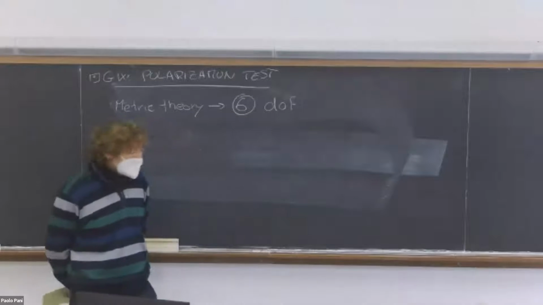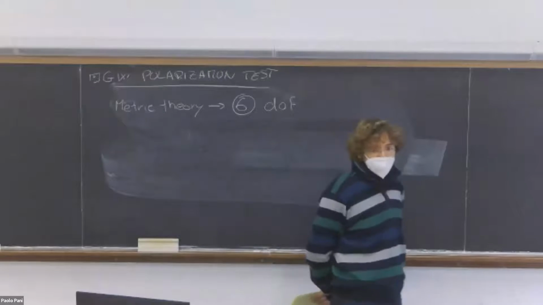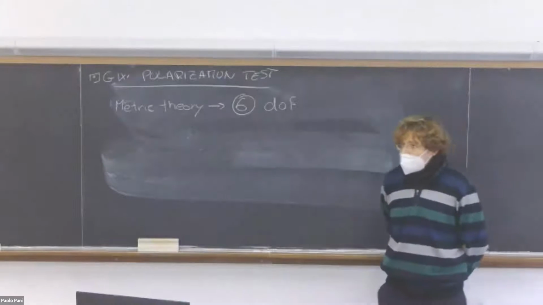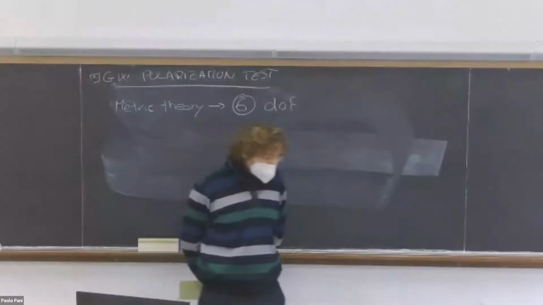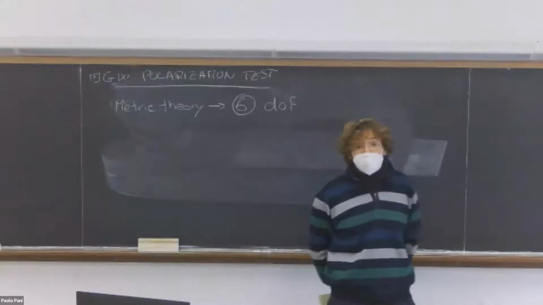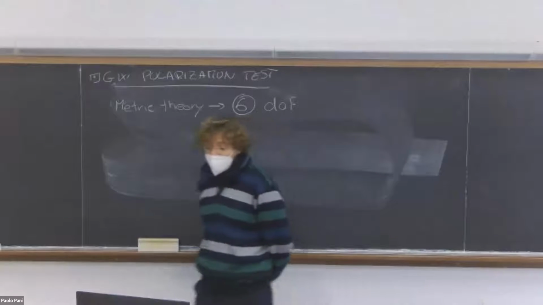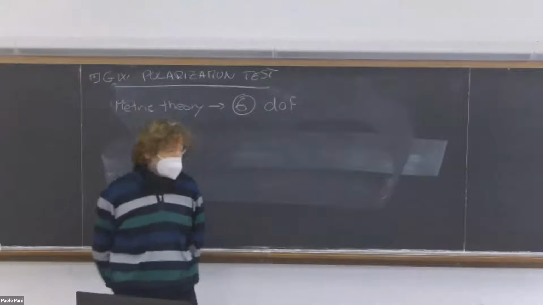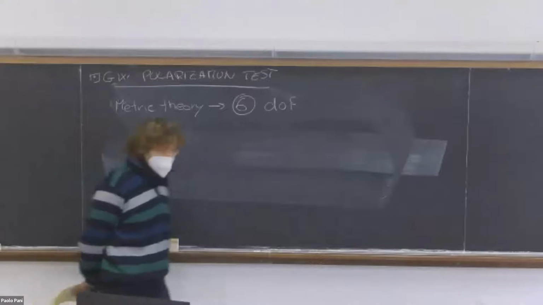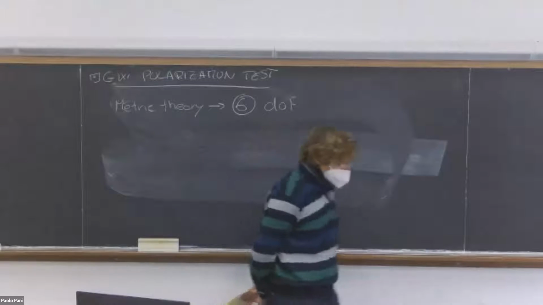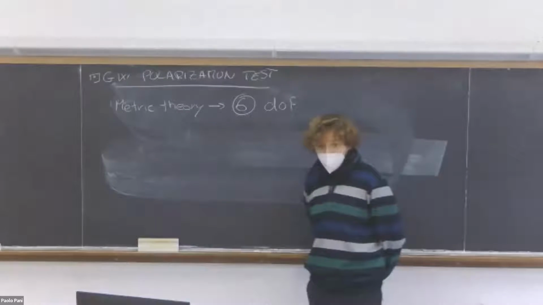But for example, massive gravity, so theories in which gravitational waves propagate a massive spin 2 perturbation, would have 5 degrees of freedom. Scalar tensor theories will have 3 degrees of freedom. Certain modified theories of gravity still have 2 degrees of freedom, so it really depends on the theory. But these kinds of tests are interesting because they can probe different theories in a model-independent way.